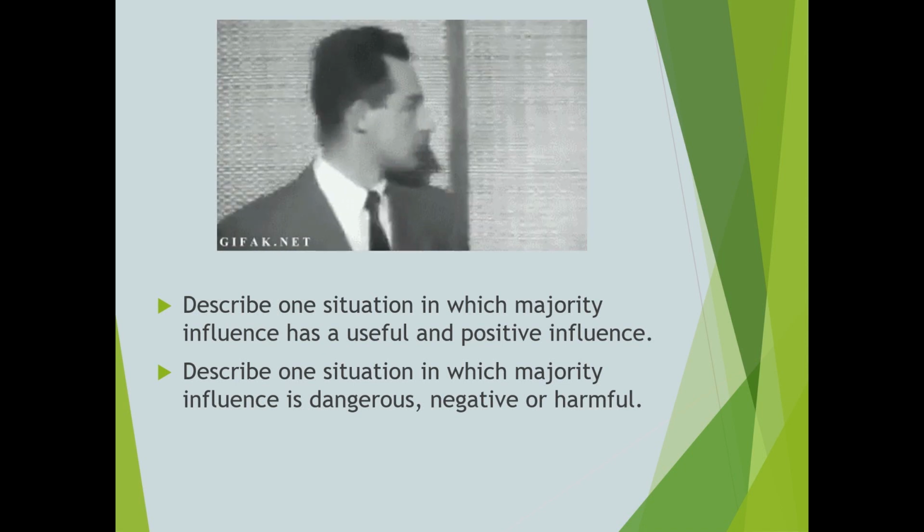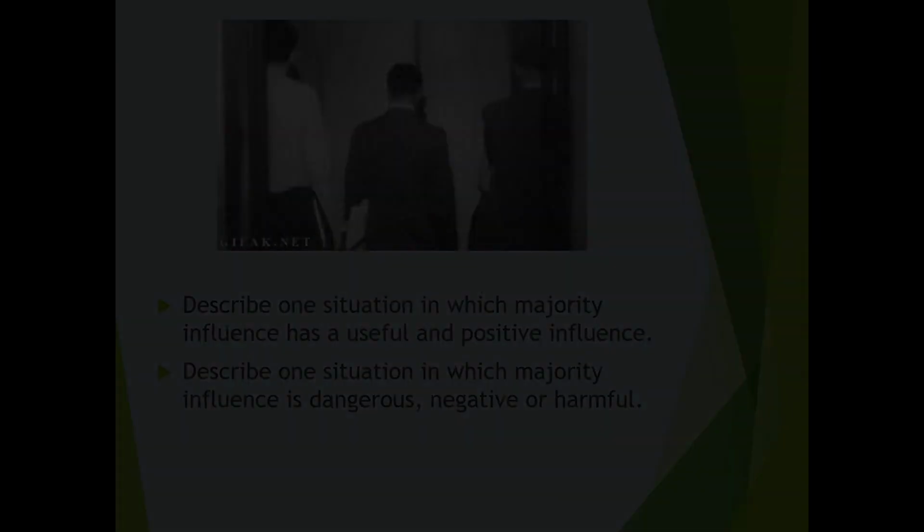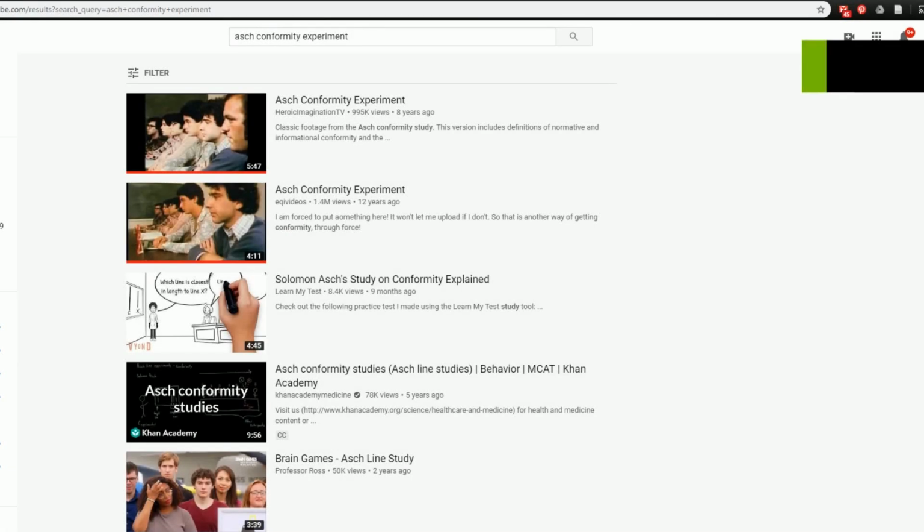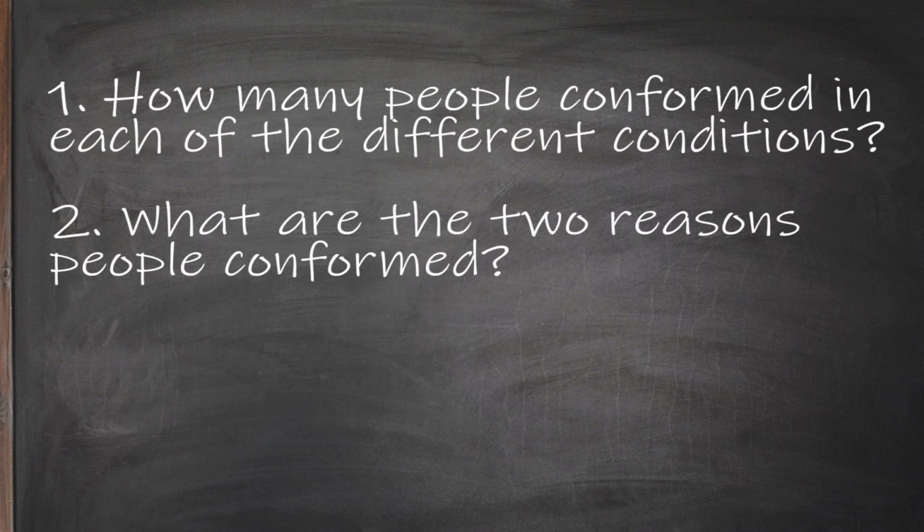Now, to help you understand this a little bit better, I'm going to send you to watch something that is already on YouTube. The first thing that I want you to look out for is what the rates of conformity were.